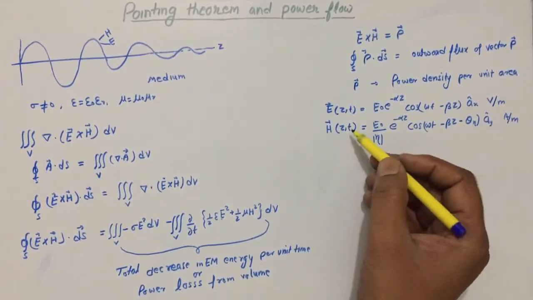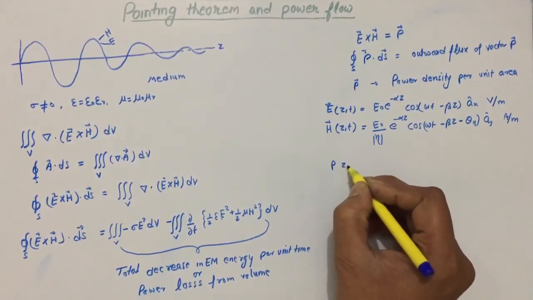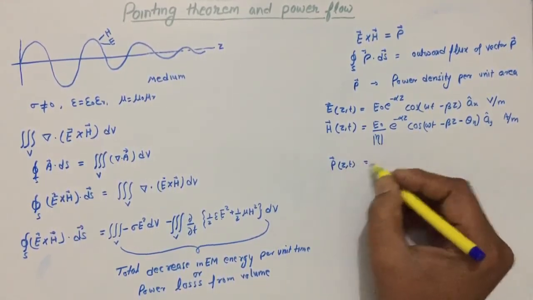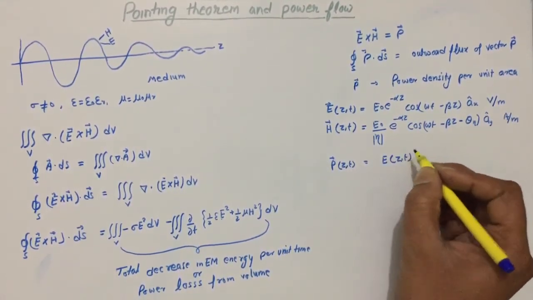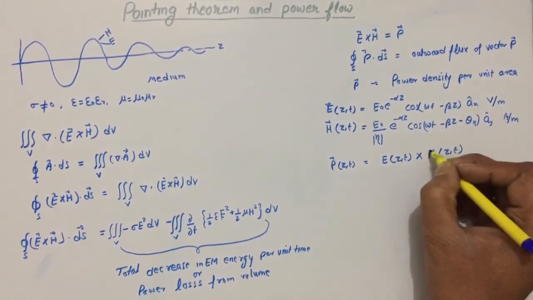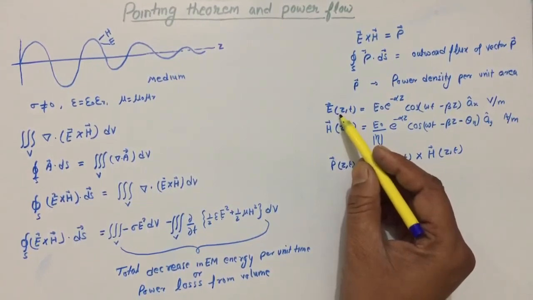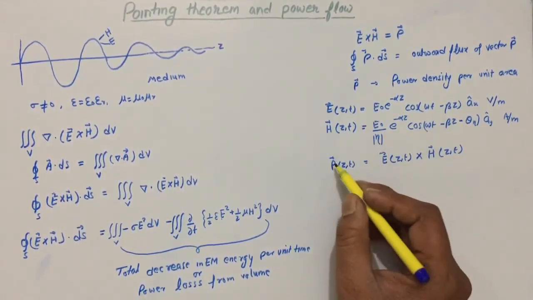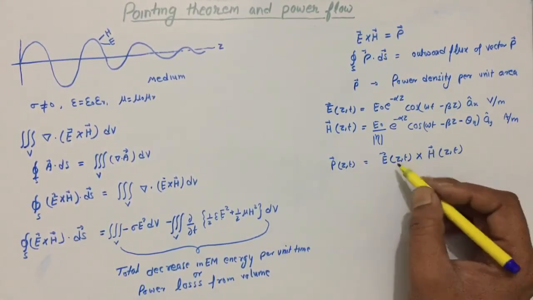Okay, so we can write P as E cross H. The instantaneous value of E can be written like this, and the instantaneous value of H can be written like this. Then we can write instantaneous power like this.